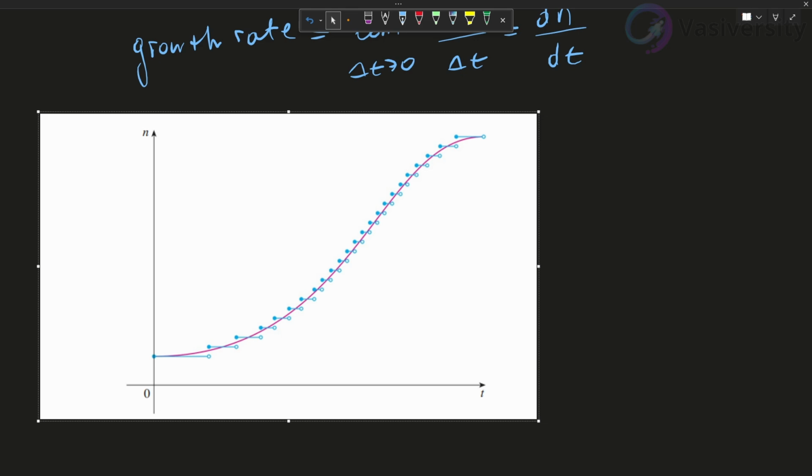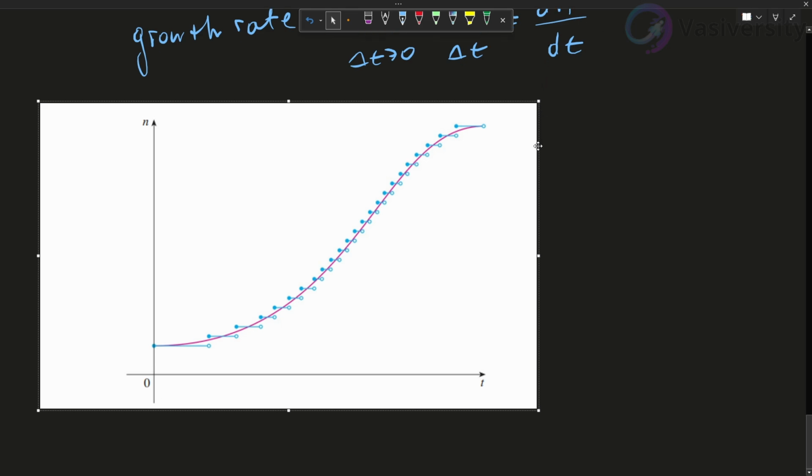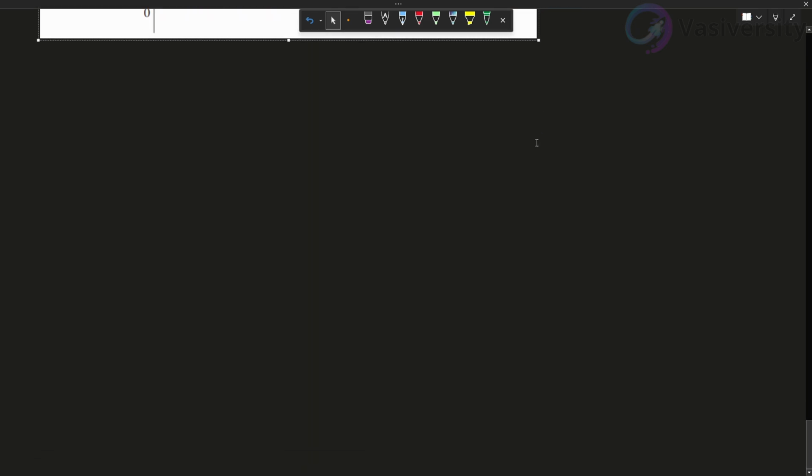Okay, so to be more specific, consider a population of bacteria, also very common. After 1 hour, we have 2 times the initial condition, which is 2 times n naught.